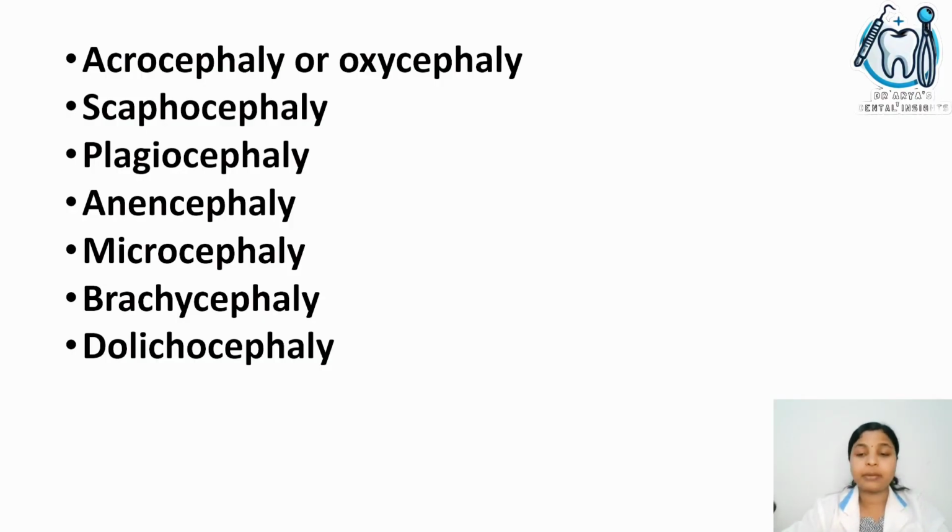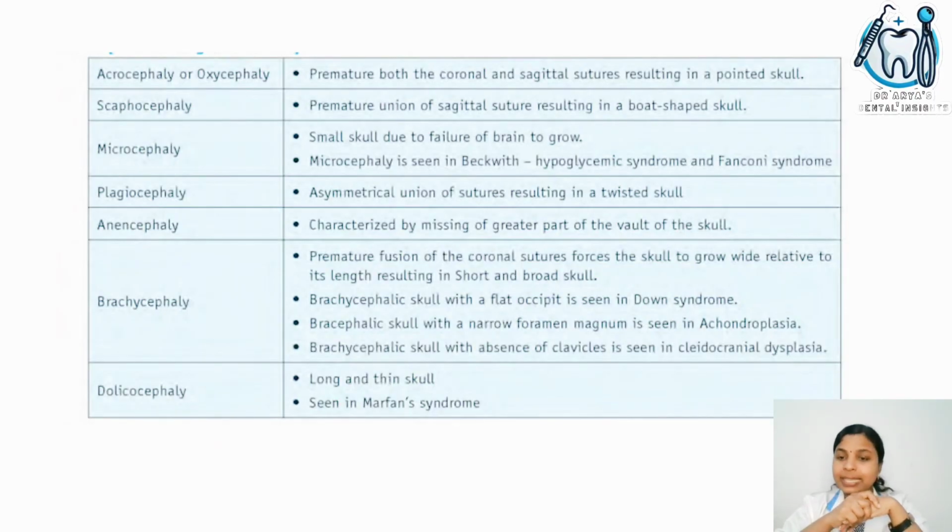Let's see one by one. Acrocephaly or oxycephaly: here there is premature fusion of both the coronal and sagittal sutures resulting in a pointed skull. Then scaphocephaly: here the premature union of the sagittal suture results in a boat-shaped skull.